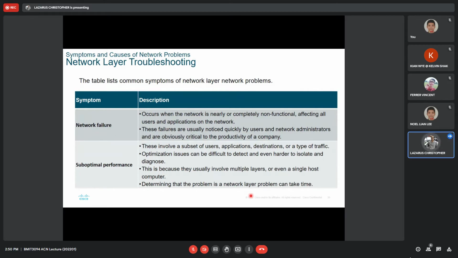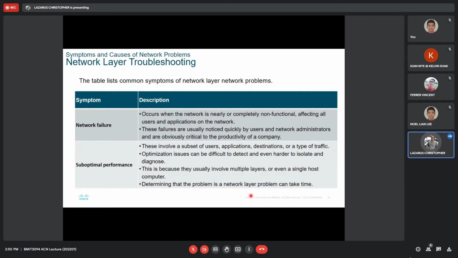So if Layer 3 is having problems, IP addresses are affected, and then applications will not work, right? This definitely will be noticed very quickly, because no network-capable application can work.